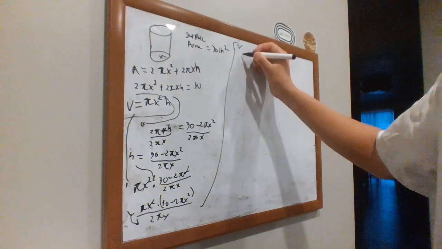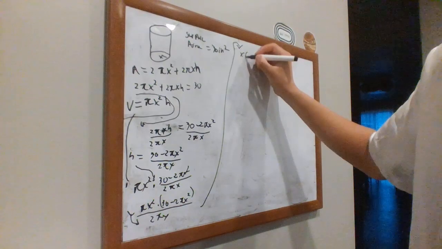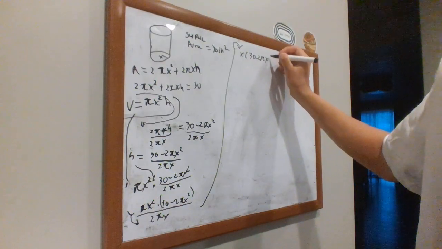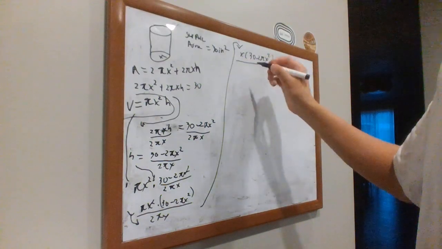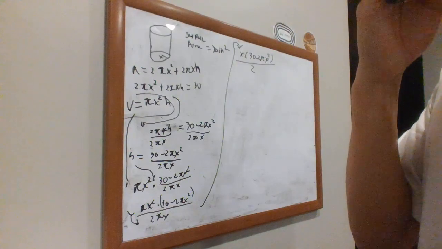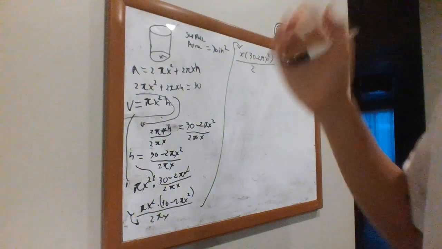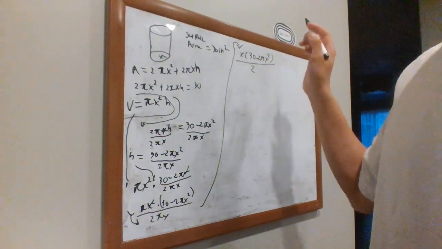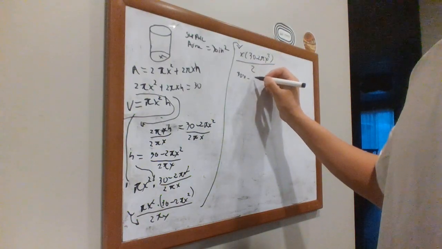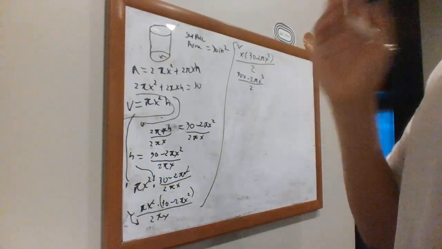So we get x up here, 30 minus 2 pi x squared, and then divided by 2. Then we distribute the x, so it'd be 30x minus 2 pi x cubed, divided by 2.